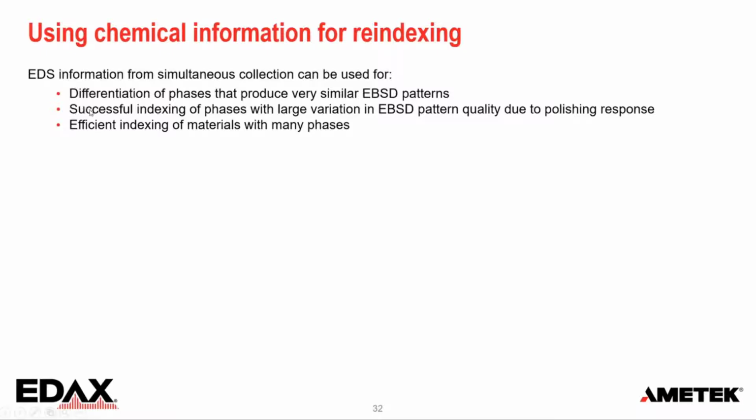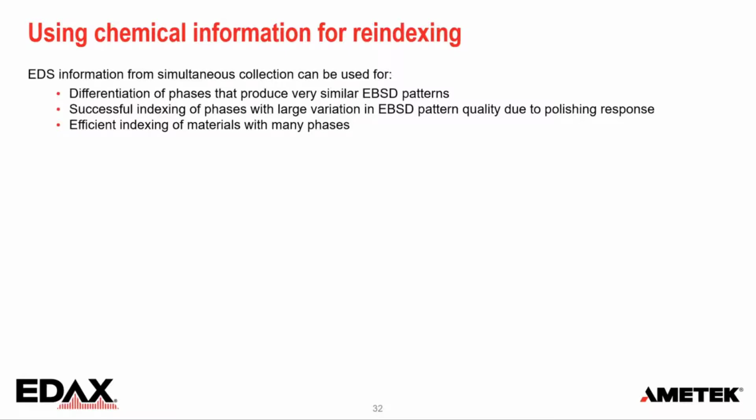Also, if you have a multi-phase sample, and this is one that may not be so obvious at first, when you polish a material, the polishing is not the same for all phases. Typically, you're trying to optimize the polish for the matrix, for the largest volume fraction of your sample, but some other phases may not polish so nicely.